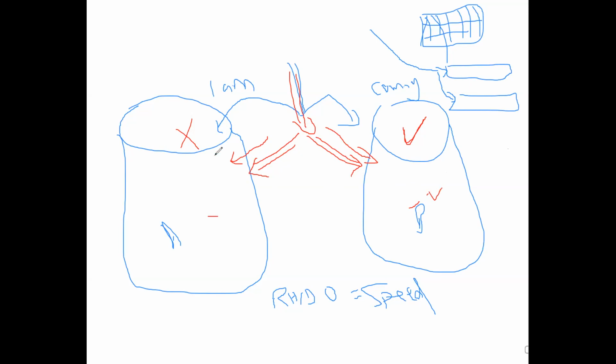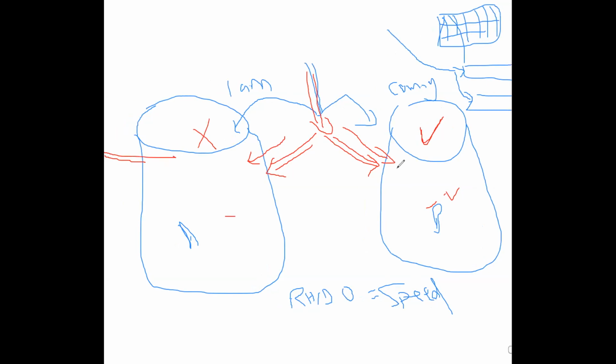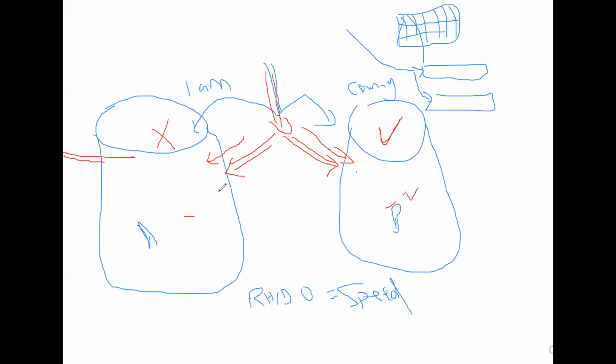This idea that whatever you save on one hard disk is also automatically saved into the other one is called RAID 1. And that is not for speed, that is for redundancy. All right, that's beautiful. That's RAID 1.